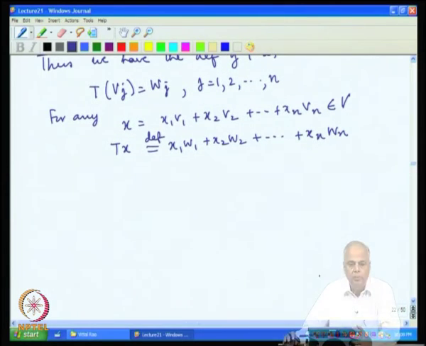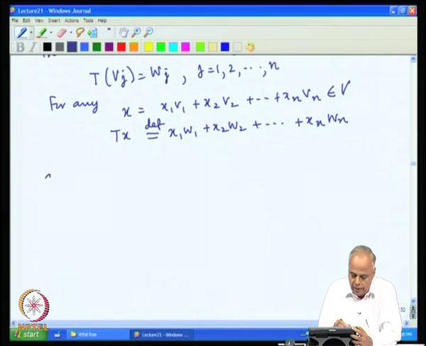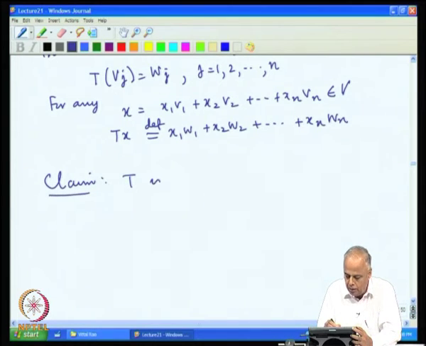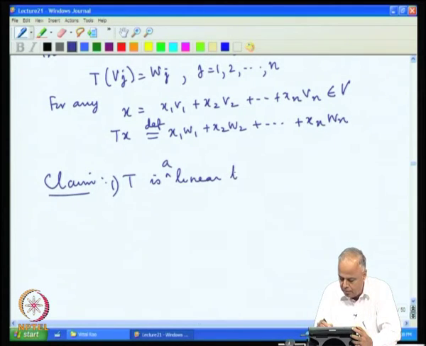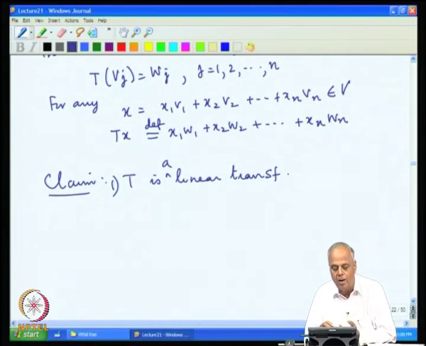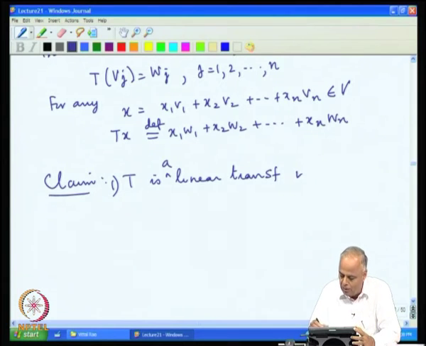Now, all we will do now is we claim T is linear. This we have already taken care of in the way we define T; we brought in the linearity to get the definition of T x. So, this has already been taken care of.